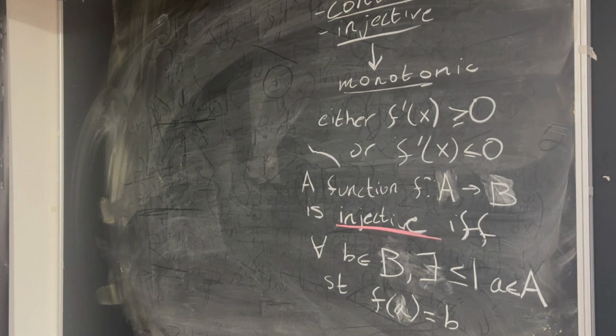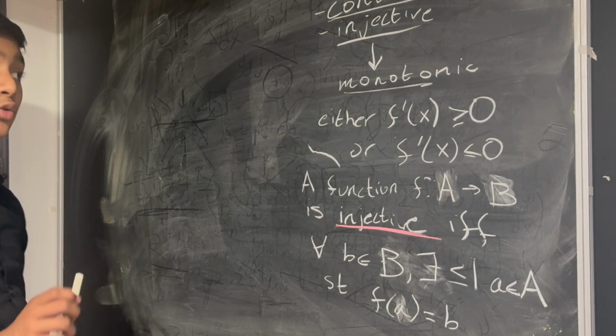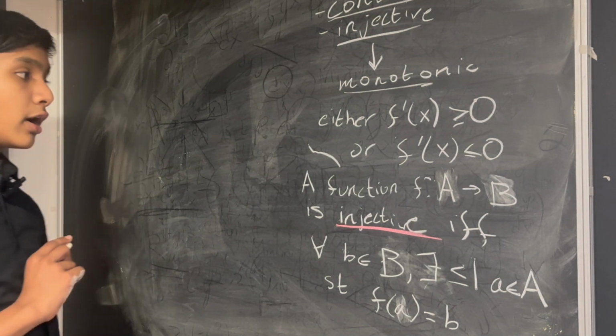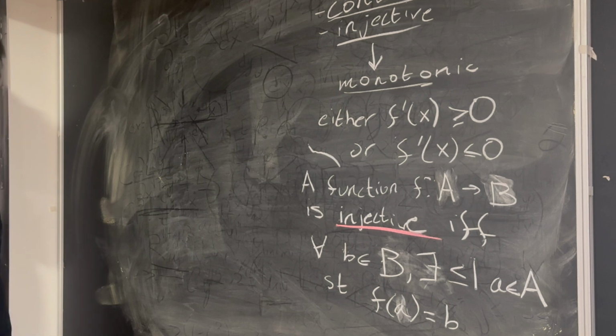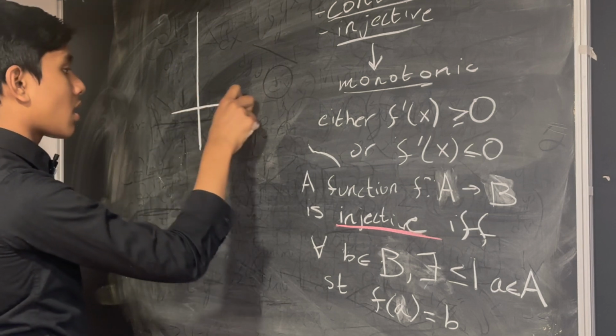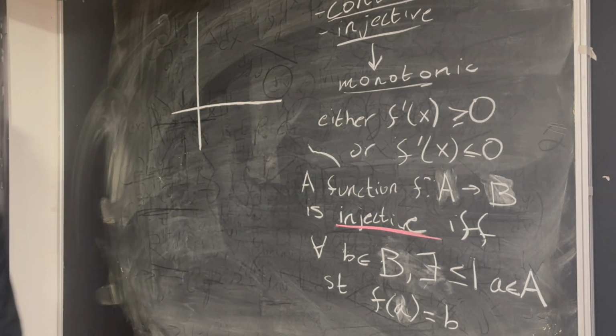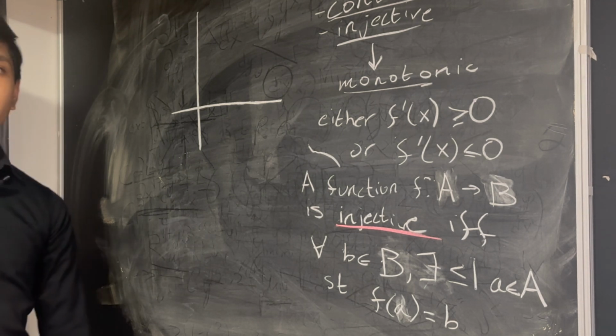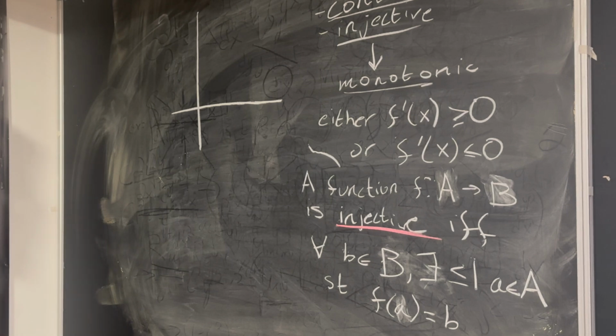That if a function in one dimension is continuous and injective, it has to be monotonic. So what I'm going to do is a little bit of an informal proof with a drawing. So in one dimension, what's going to happen?